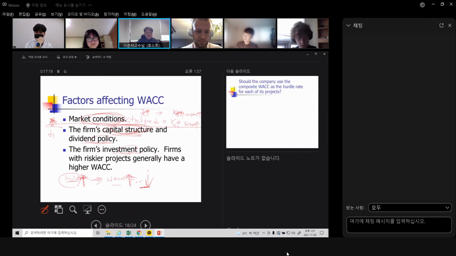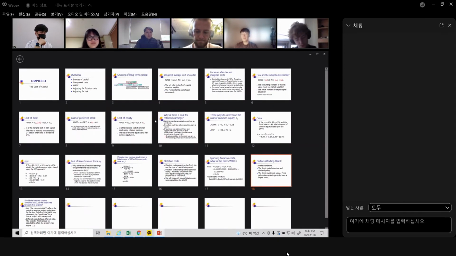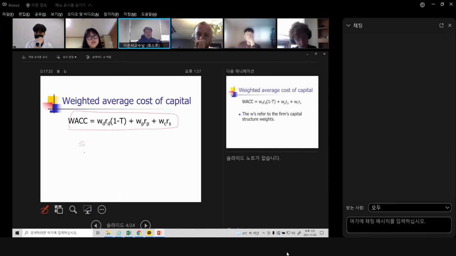Why is that? See, WACC is here. As you know, the stock return, the common stock return, is higher than the bond return. Stock is riskier than bond, so generally the stock return is higher than the bond return. If we decompose stock into two parts, common stock and preferred stock, then definitely the common stock return is higher than the preferred stock return.